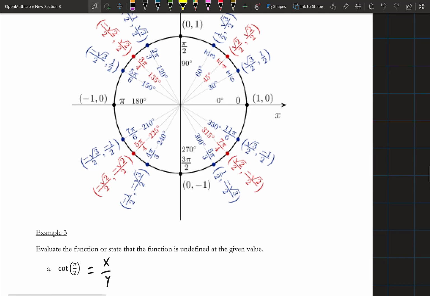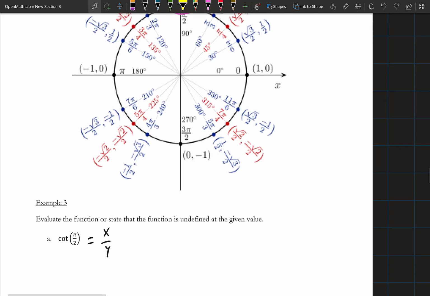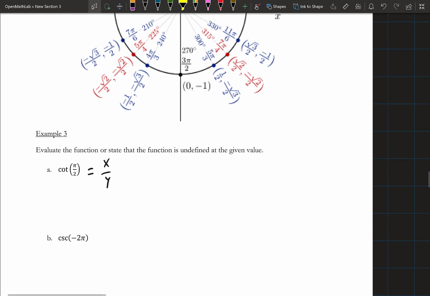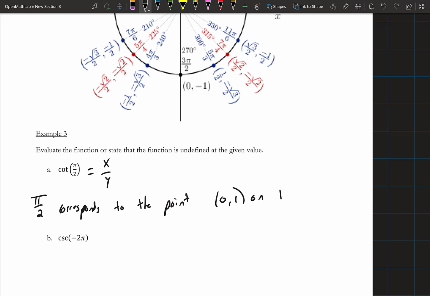Looking at the unit circle, pi over 2 corresponds to the point 0, 1 on the unit circle. So the x value is 0, the y value is 1, so 0 divided by 1 is just 0. So cotangent of pi over 2 gives me 0.